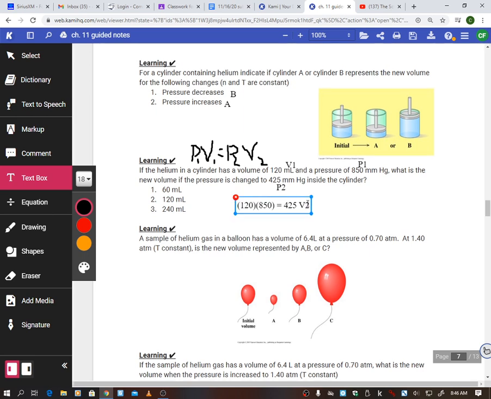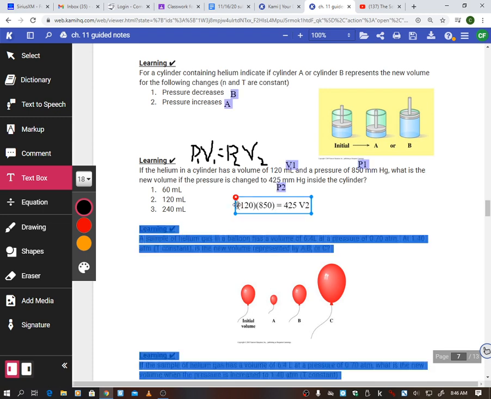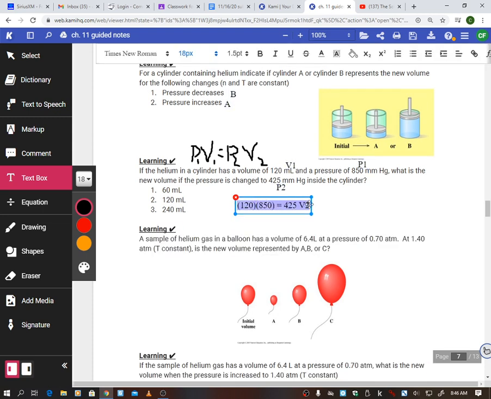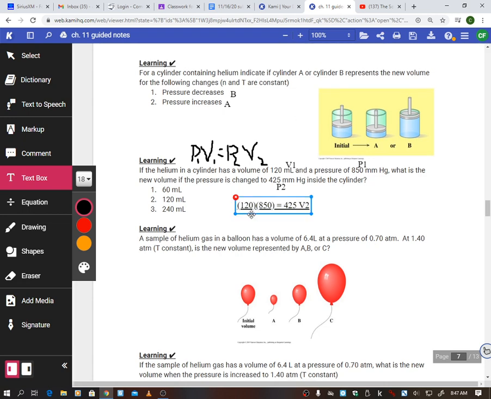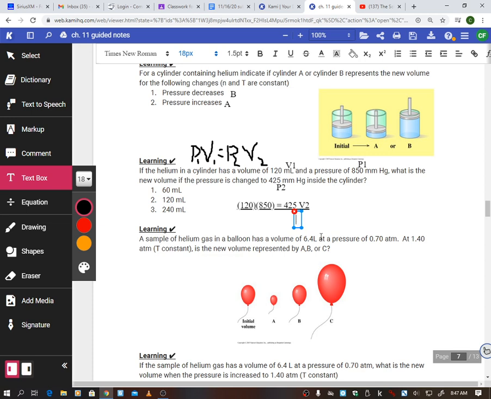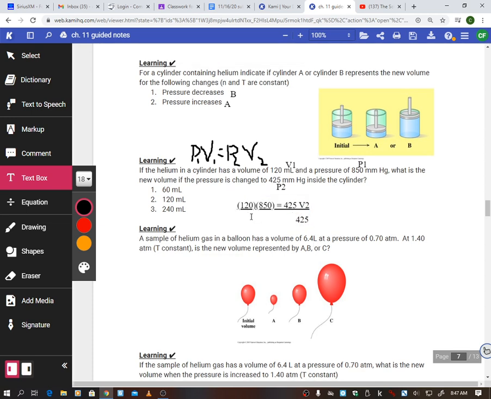So now to solve for my unknown, my V2 right here, I'm going to have to divide. If I can underline, yeah, I can underline that. So what I'm going to have to do here is divide by 425 on each side of that equal sign.